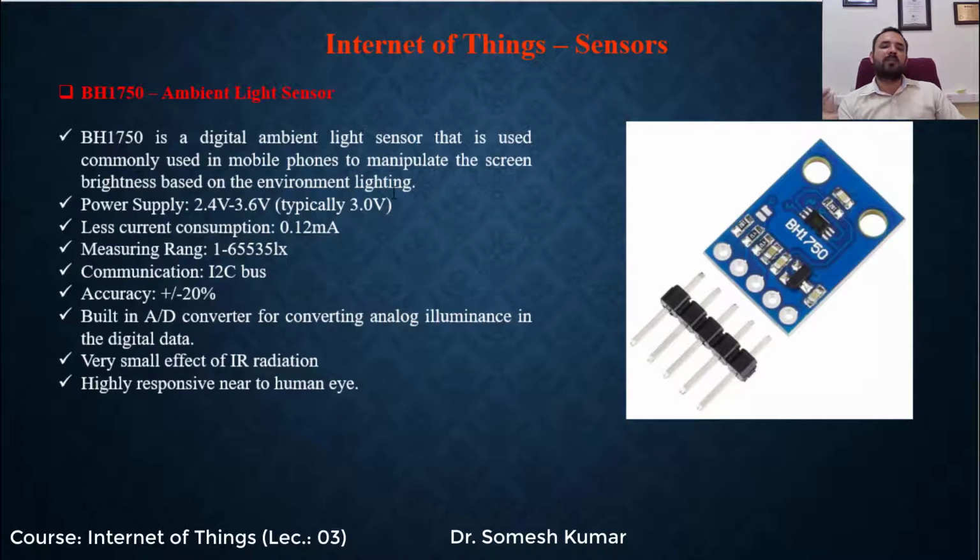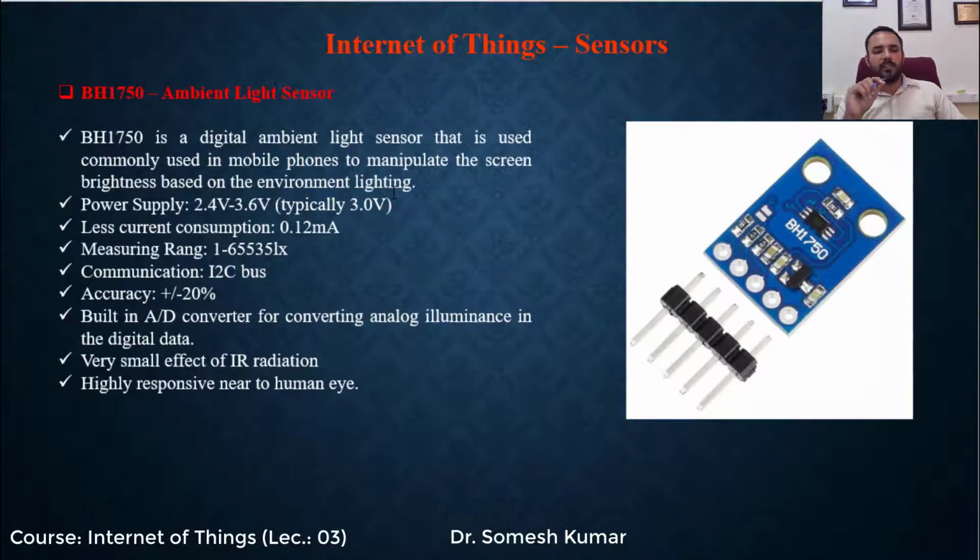The power supply used for this is 2.4 volts to 3.6 volts, and it has a current consumption of 0.2 milliampere. Its measuring light range is 1 to 65535 lx. Lx is the lux, the unit of illuminance, used to measure light intensity.